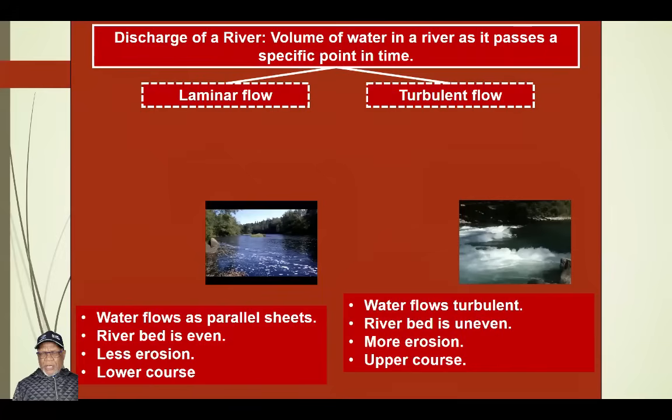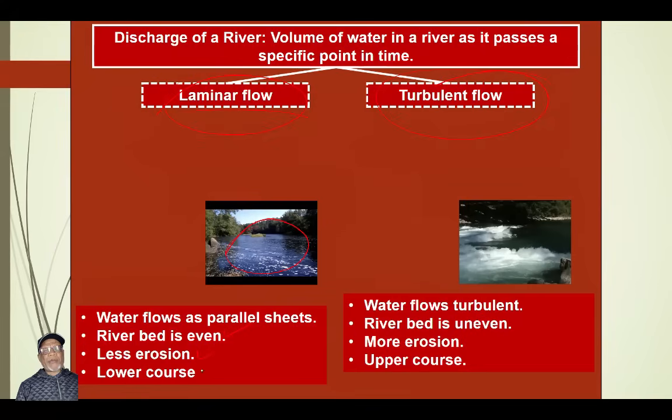And then what we see again is that a river can flow in 2 ways. A river can flow on a gentle surface or on an uneven surface. When a river flows on an even surface, in a lower course, it flows in a characteristic called laminar flow, where water flows as parallel sheets, as you can see in the diagram here, and the riverbed is even or smooth, and there is less erosion.